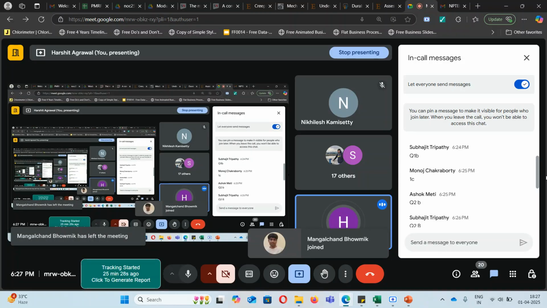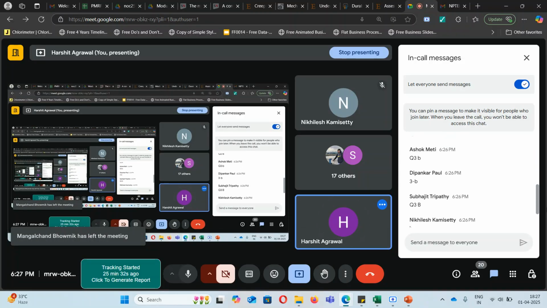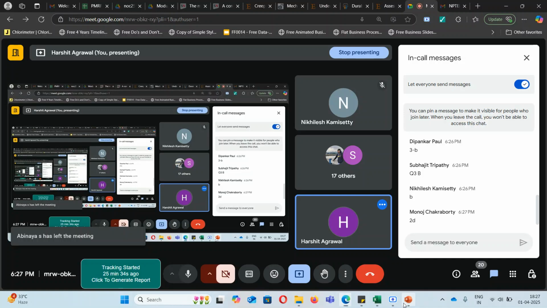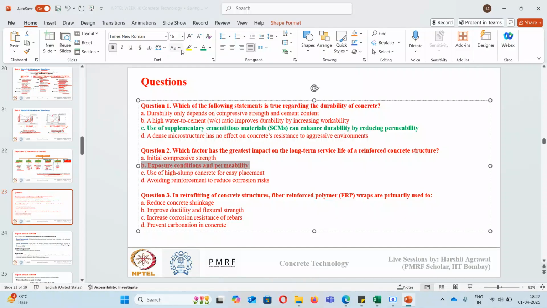Okay, for question number two, I've received some answers as B or D. Multiple answers I've seen. So for two, the correct answer will be B. Someone mentioned D also, avoiding reinforcement to avoid corrosion risk.